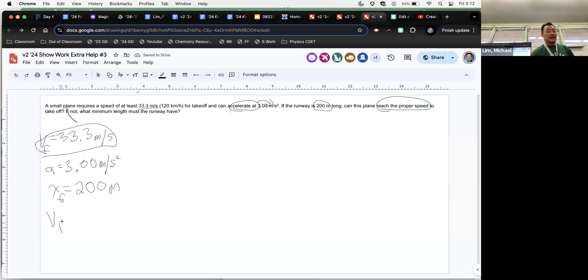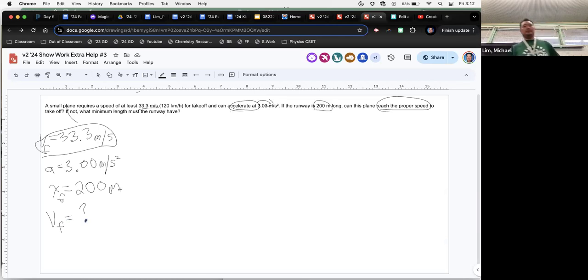So we're gonna find VF again, and we're gonna see if it's 33.3 or more, if the plane takes off or crashes. So that's what the question's asking for. So we're gonna find VF on our own using 3 seconds and 200 meters. So which equation should we use?